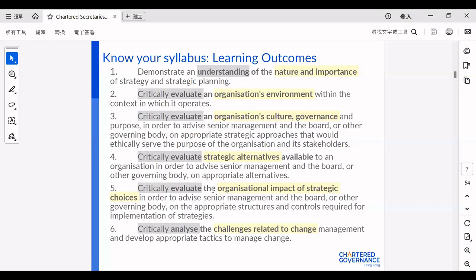And as you can see again from learning outcomes 3, 4, and 5, there's a point that you, as a governance professional or a company secretary, have to advise the senior management, the board of directors, or other governing bodies, just like the different committees, on these strategic approaches.